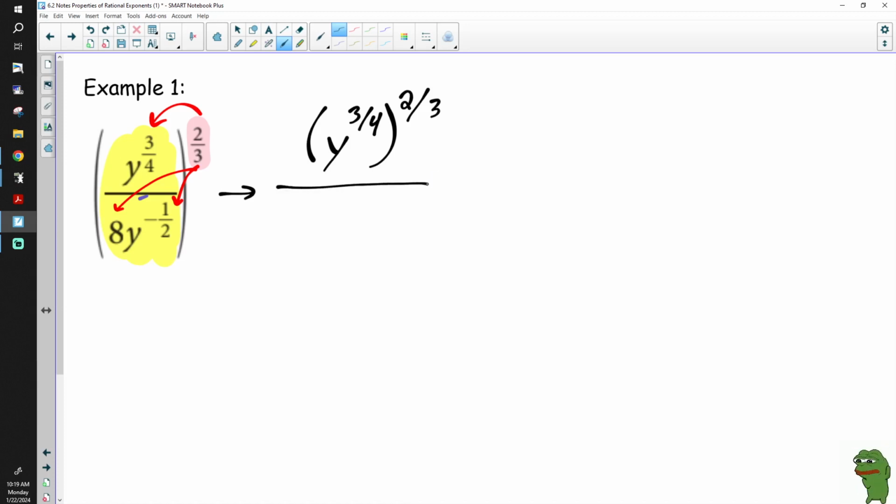On the bottom, I'm giving both things the 2/3 power. So now I have 8 to the 2/3, and y to the -1/2 is now also raised to the 2/3. Can you see how everything got the 2/3? Literally everything, right?